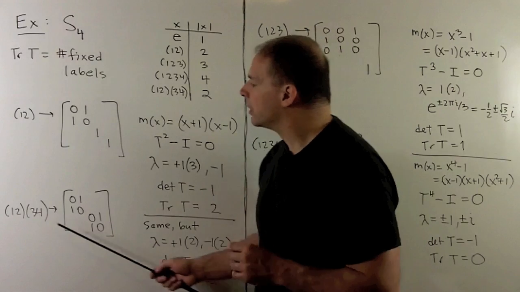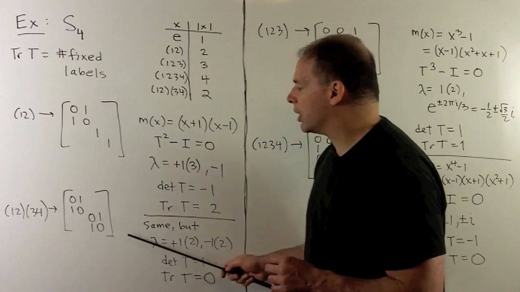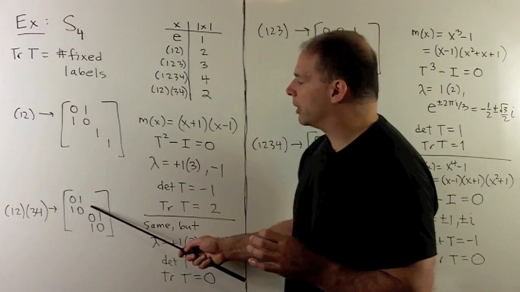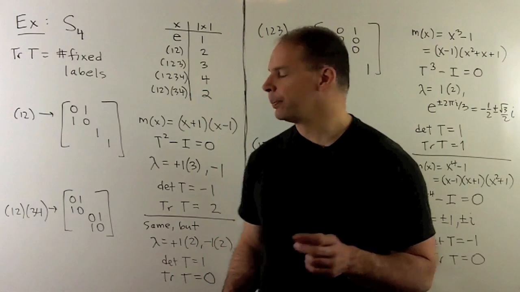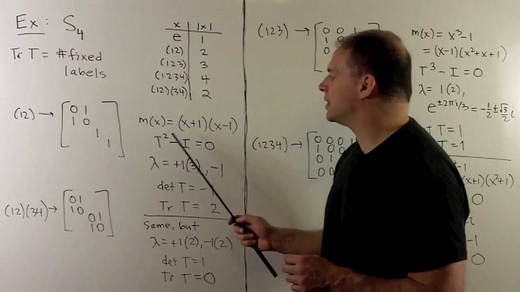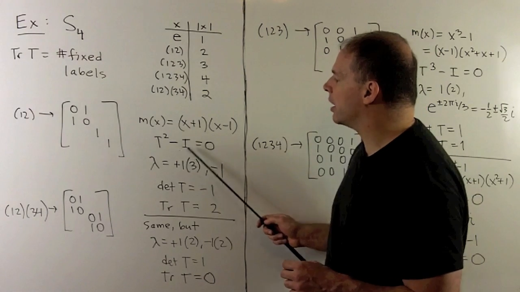If I consider 1, 2 with 3, 4, we have the following matrix. What do we have? The characteristic polynomial here is going to be x minus 1 squared times x plus 1 squared. For the minimal polynomial, we still see that t squared minus the identity is equal to 0. Note the exponent here is no mistake.